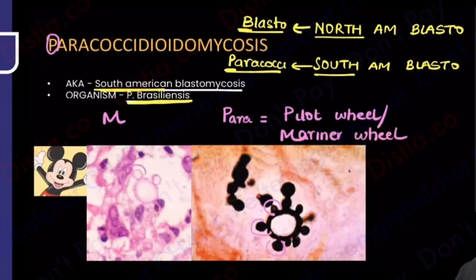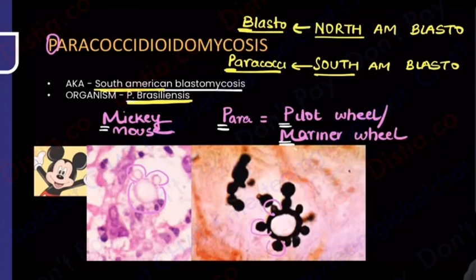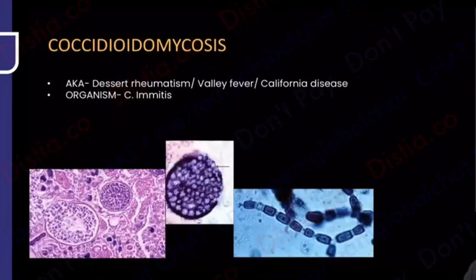And what is it showing you other than that? It sometimes shows you the Mickey Mouse appearance also. A very, very common question asked. That's why I said PPMM. P for paracoccidio, P for pilot wheel, also known as MM, mariner's wheel, also showing you the Mickey Mouse appearance. So paracoccidio is going to be PPMM. Having said that, after para, you cut the word para, you are left with what? Coccidioidomycosis.